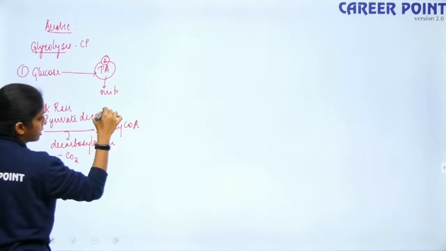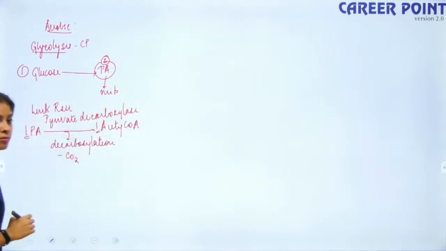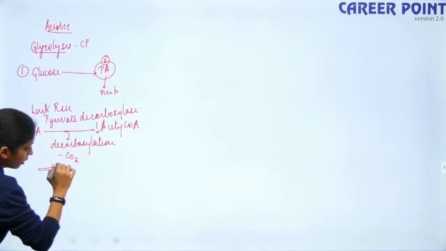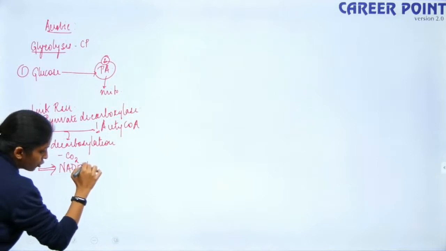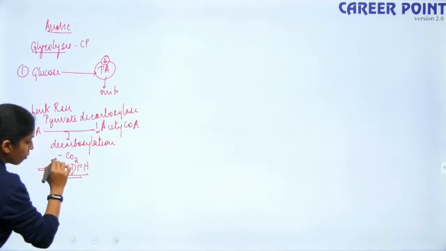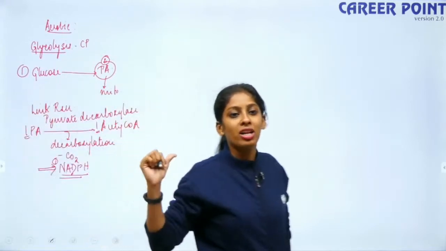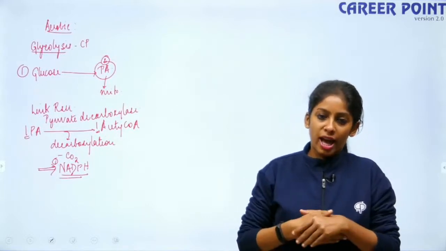Pyruvate decarboxylase. Okay? And here you have the production of one NADH. So for one molecule of pyruvate, you have one molecule of NADH produced in your link reaction. Fine?